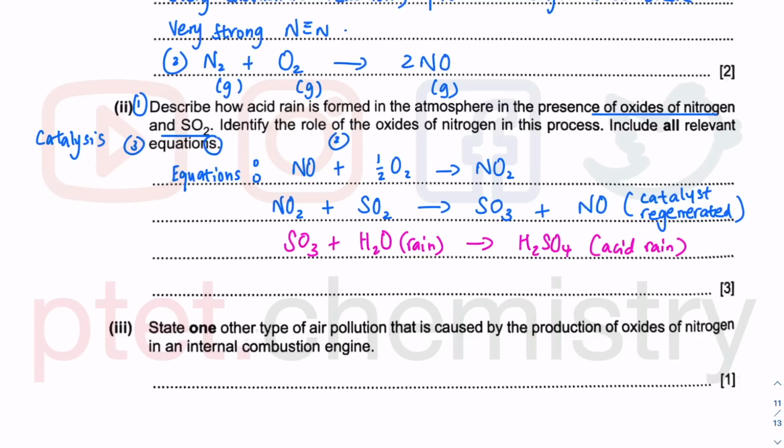Now identify the role of the oxide of nitrogen. They never specify NO or NO2. They only specify oxide of nitrogen. So the role is basically that NO is a catalyst because it speeds up the rate of reaction without having high temperature, high pressure or V2O5 catalyst.